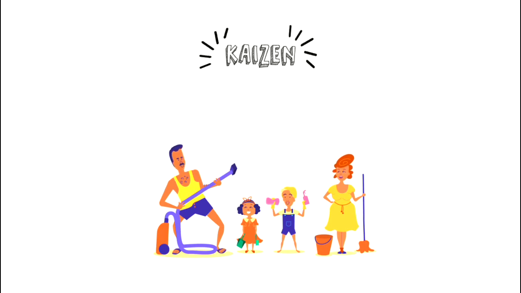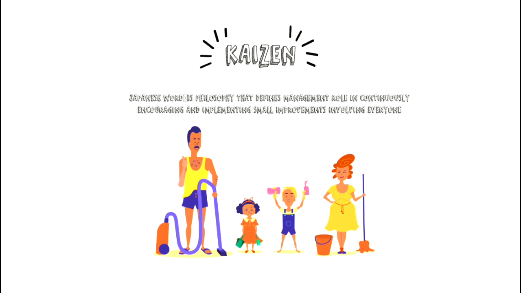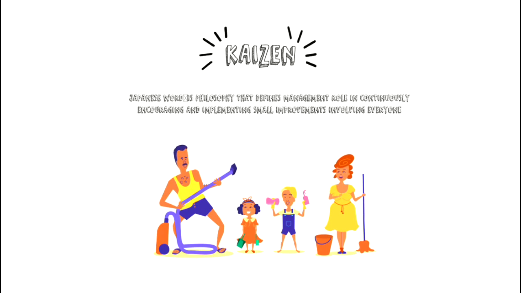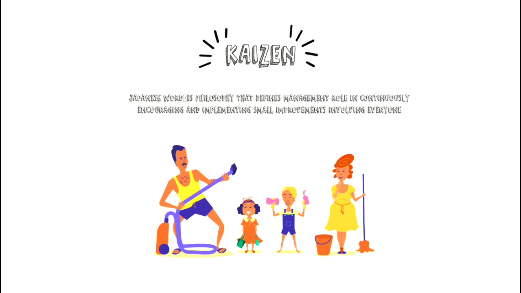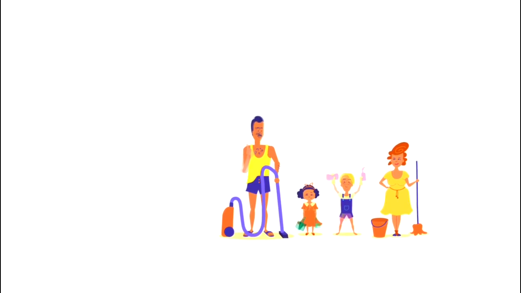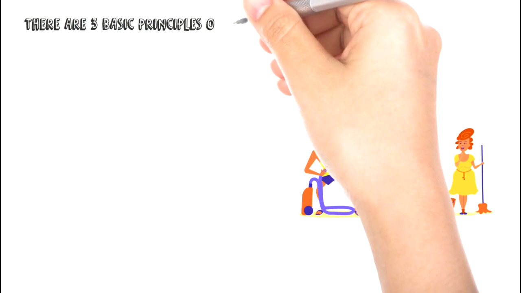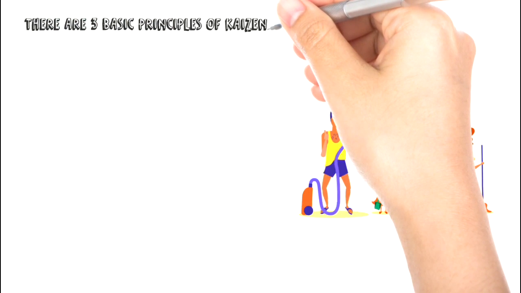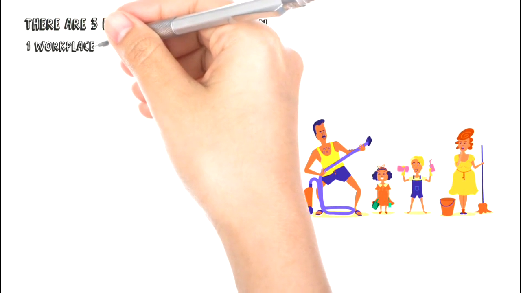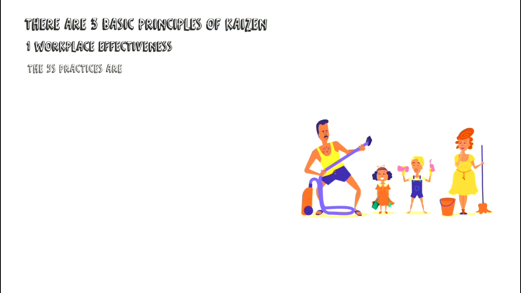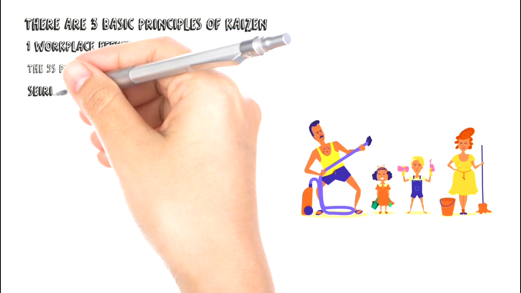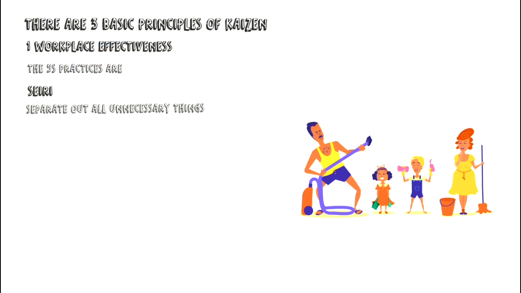Let's proceed to Kaizen. It is a Japanese word and is a philosophy that defines management's role in continuously encouraging and implementing small improvements involving everyone. So there are three basic principles of Kaizen. Number 1 is workplace effectiveness, wherein the 5S practices are: number 1, seiri, which means separate out all unnecessary things.